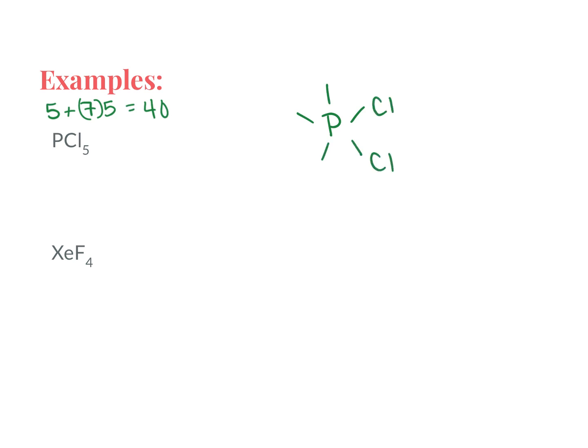So you're just going to try to evenly spread out those 5 chlorines. If you see something like PCl5, you know you're breaking the octet rule because you've got to fit 5 around the phosphorus. So we started with 40. How many did we use in the single bonds? We used 10, so there's 30 left.